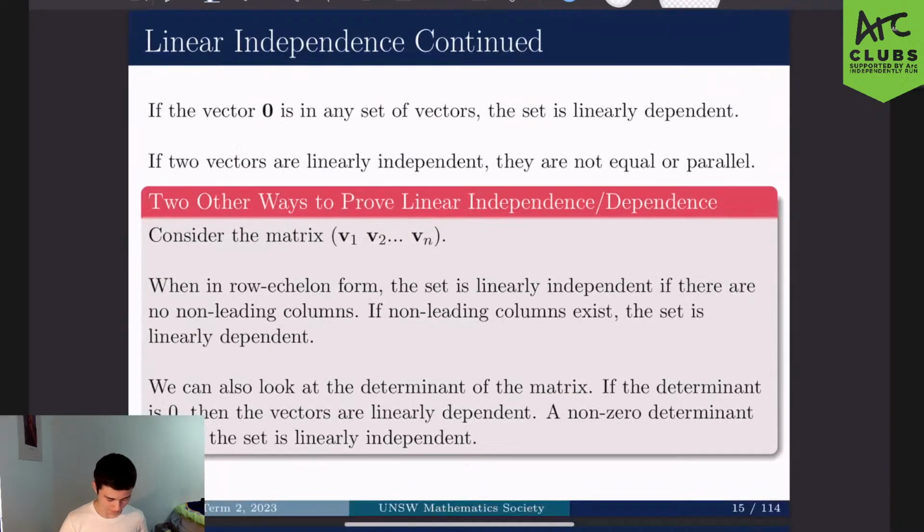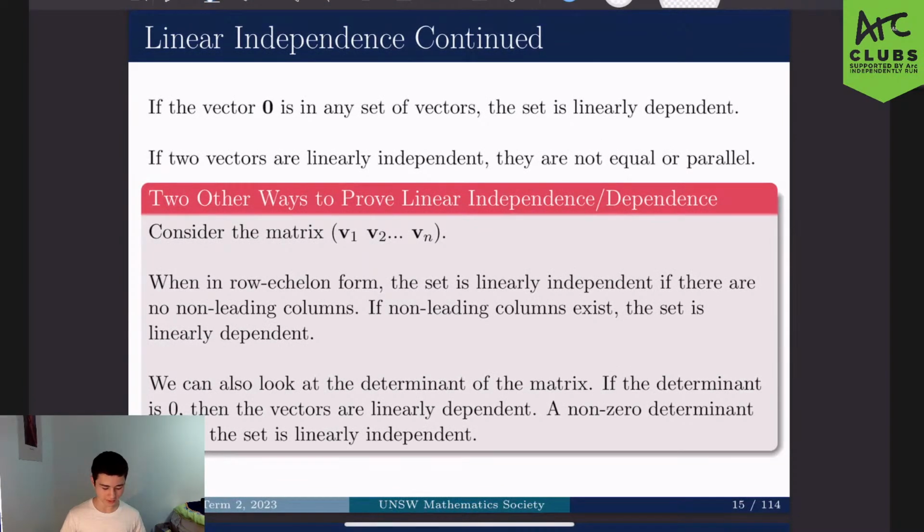Okay, so we have a couple other ways to determine linear independence. As I mentioned just a little bit before, if all of the columns in a matrix, or the augmented matrix, are leading, then it is independent. So if we have something like this, okay, with ones, so like all three of these are leading, then we can say, oh, it's independent.